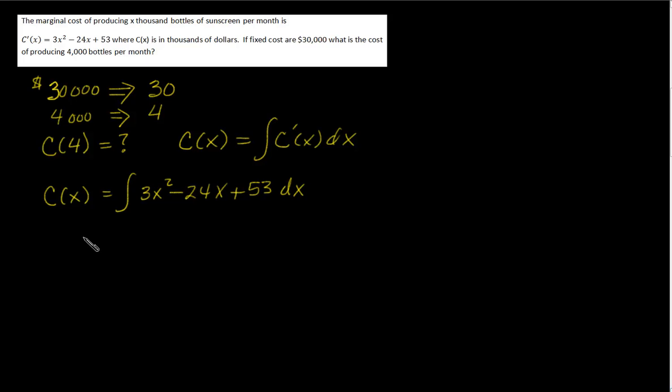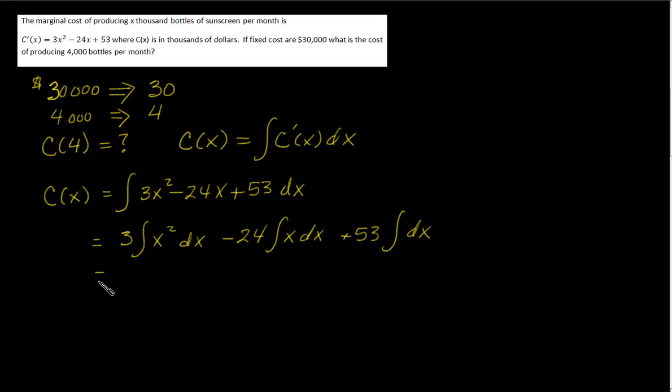So using those 2 properties, I can rewrite C of x as 3 times the integral of x squared dx minus 24 times the integral of x dx plus 53 times the integral dx. And in each case, this is the simplest case, I can use the power rules to evaluate these integrals.